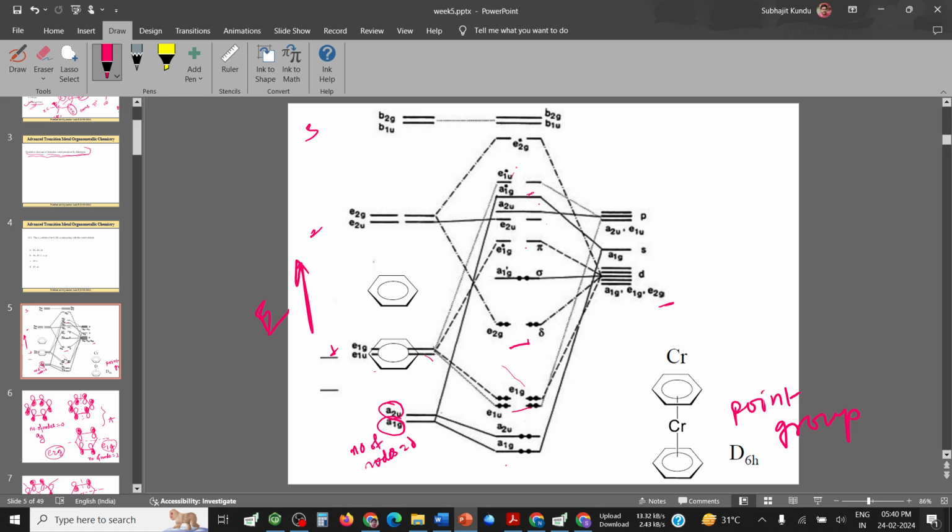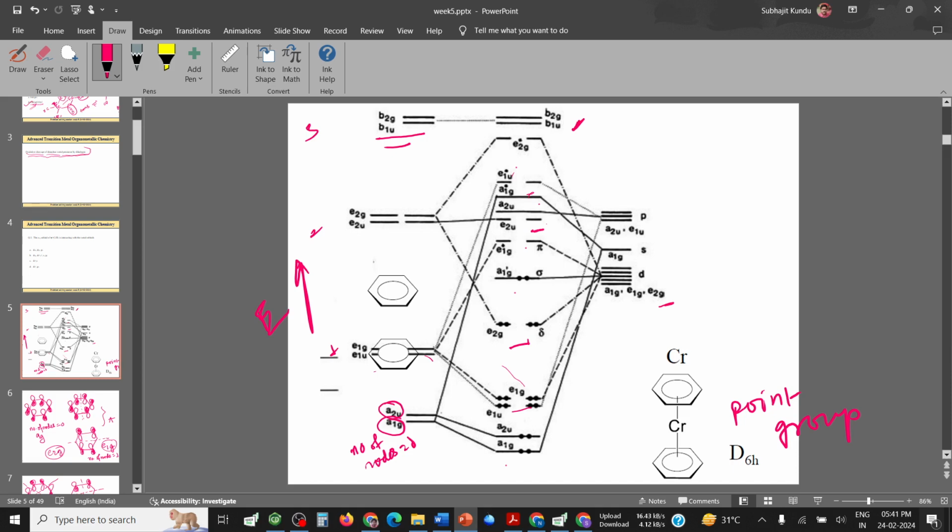The E2G from the d orbital also remains non-bonding because no other interaction is there. The energy of the B1G, B1U and B2G is so high that they remain non-bonding, without any interaction with the metal orbitals.